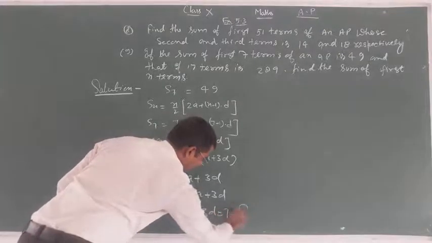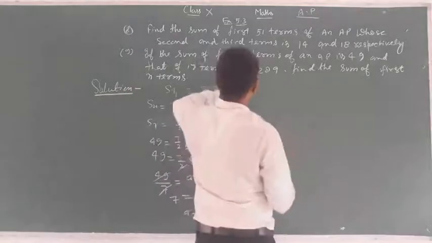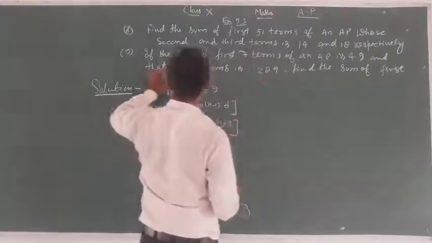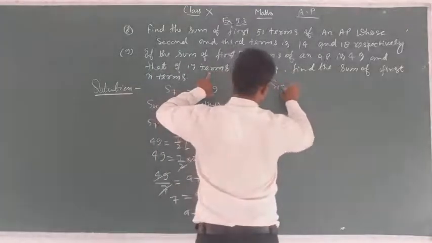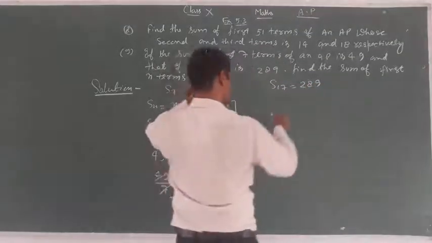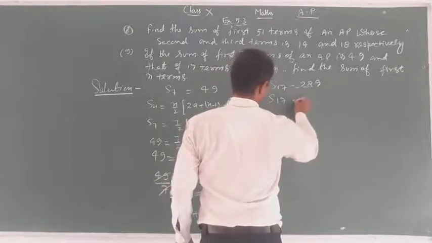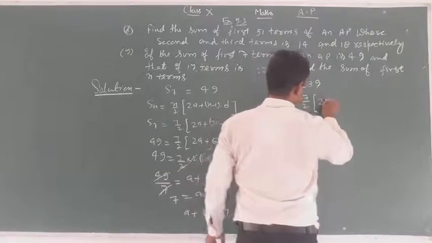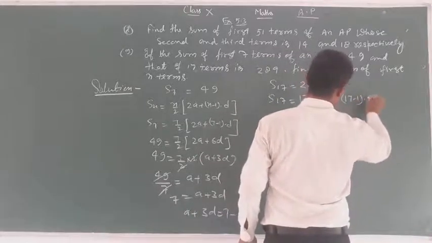Let this be equation first, that of the first 7 terms. Now S17 is equal to 289. So S17 is equal to 17 upon 2 in bracket 2a plus 17 minus 1 into d.